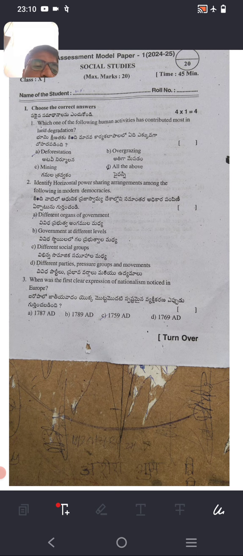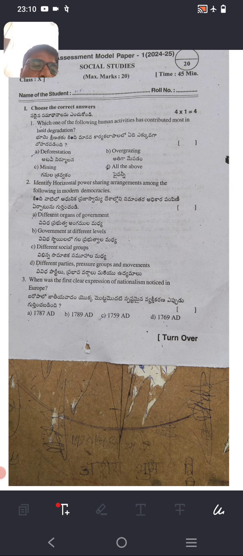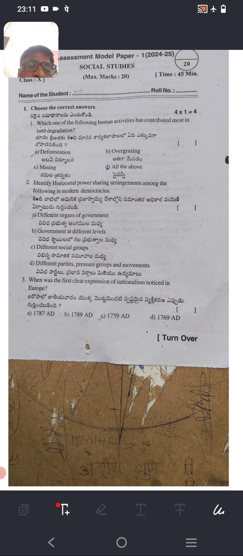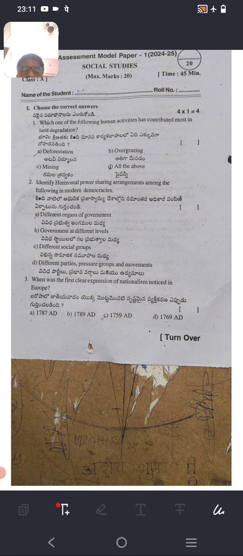Actually, Project Elephant was launched in 1992. Project Crocodile was launched in India in 1975. Project Tiger was launched in India in 1973. So, the first project for wildlife conservation in India is Project Tiger. So, the answer is C, that is Project Tiger.